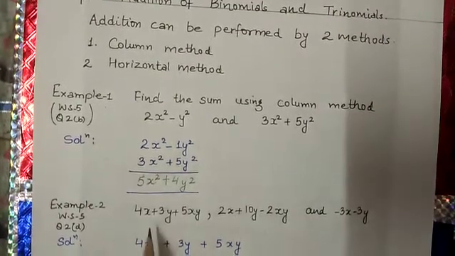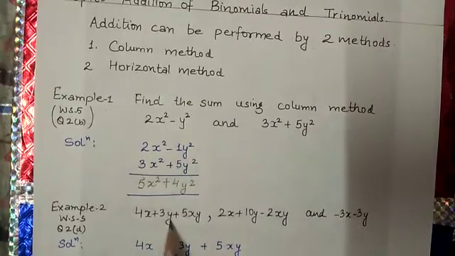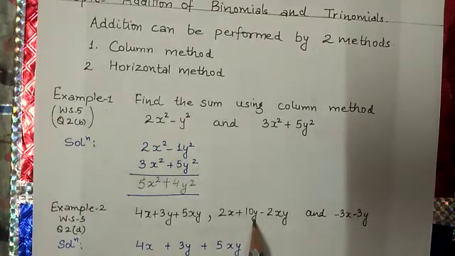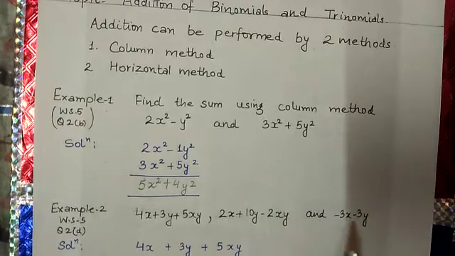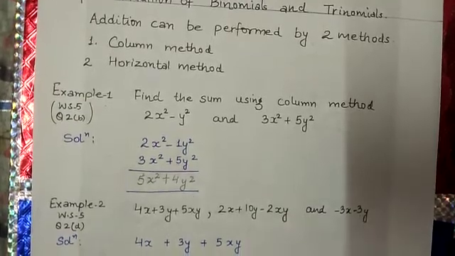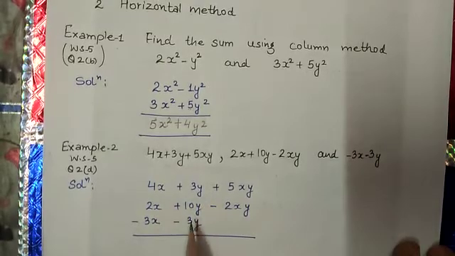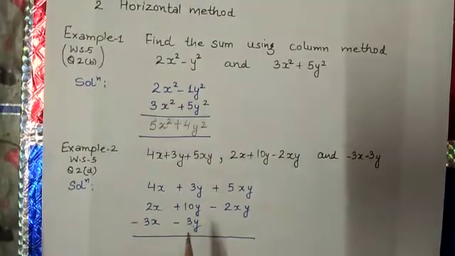Second example: 4x plus 3y plus 5xy, then 2x plus 10y minus 2xy, then minus 3x and minus 3y. Firstly, note down all three expressions.